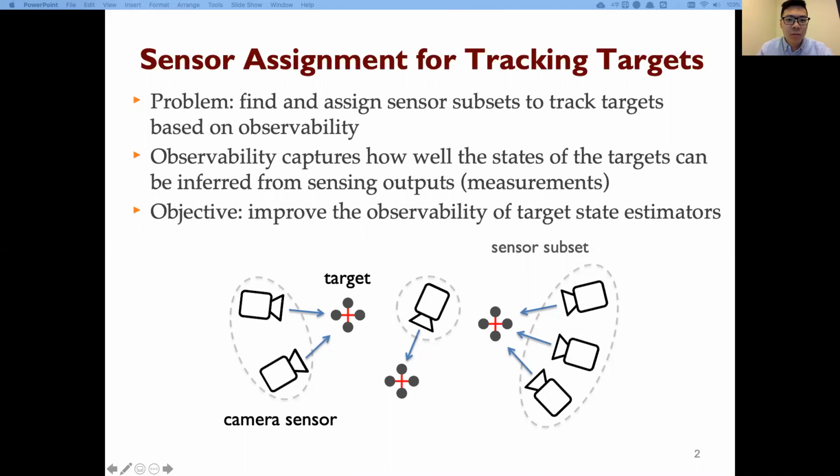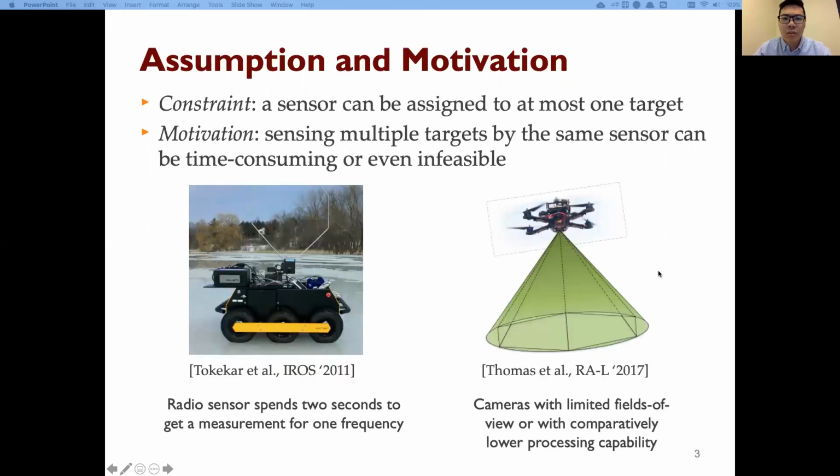As you can see from this example, each sensor can be assigned to at most one target, but multiple sensors can be assigned to track the same target. So this models N-to-1 assignment constraint. This constraint is motivated by the scenarios where sensing multiple targets by the same sensor can be time-consuming or even impossible. For example, it takes the radio sensor 2 seconds to get a measurement for one specific frequency.